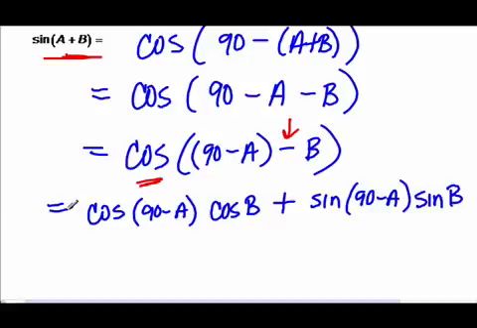Go ahead. I do. Since the cosine 90 minus A, why doesn't cosine B become 90 minus A minus B? Say that again? See, this cosine 90 minus A, that's one angle. I want you to think of this as one big angle.